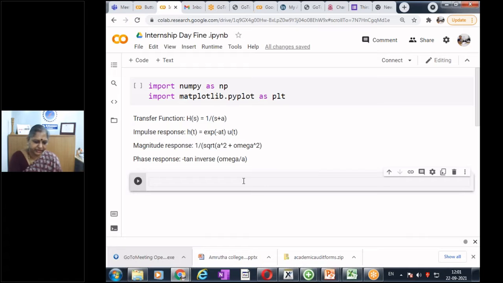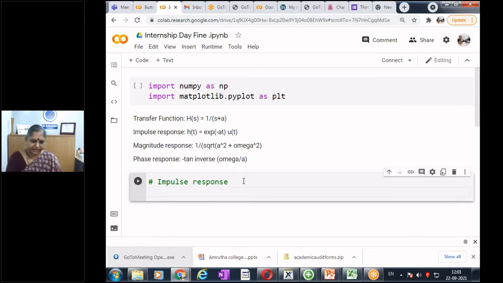So let us plot the impulse response. Let us consider our system is H of s equal to 1 by s plus a, or say s plus 2.